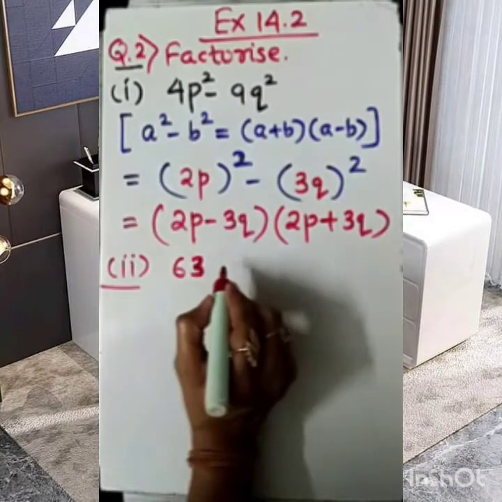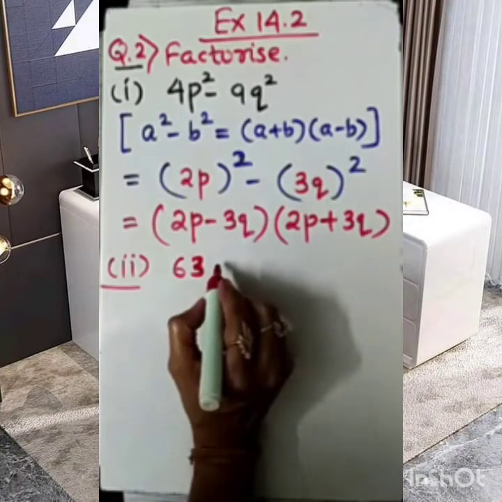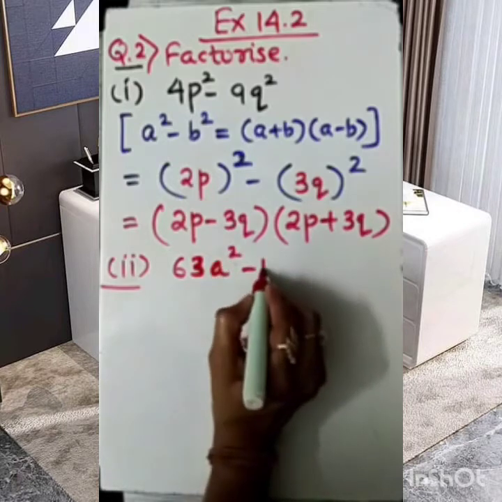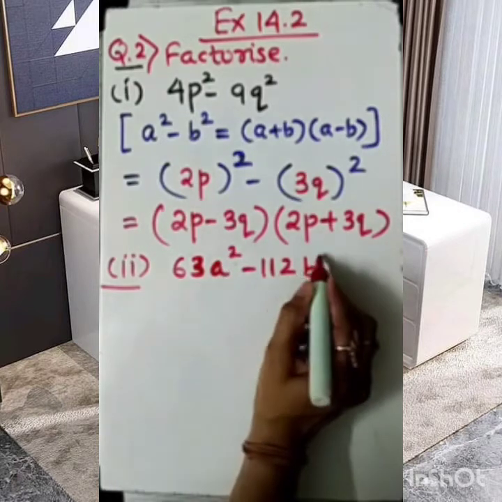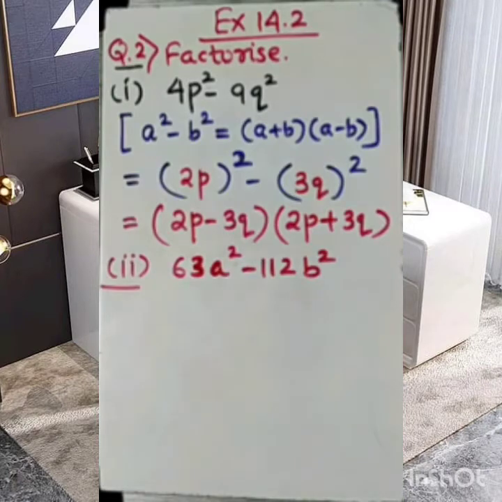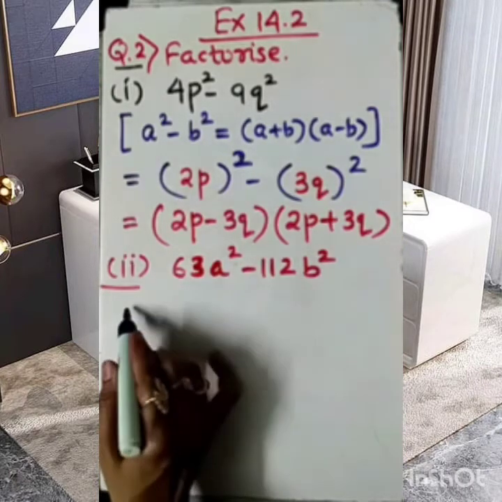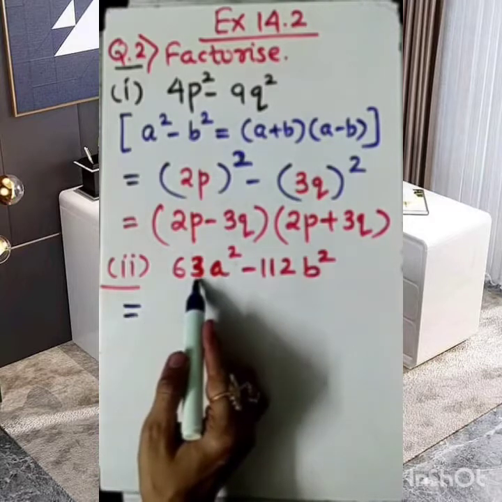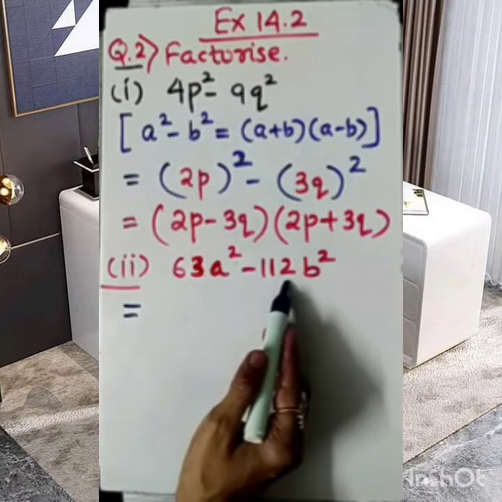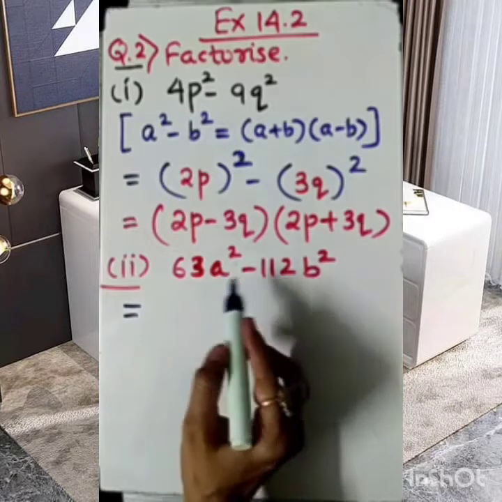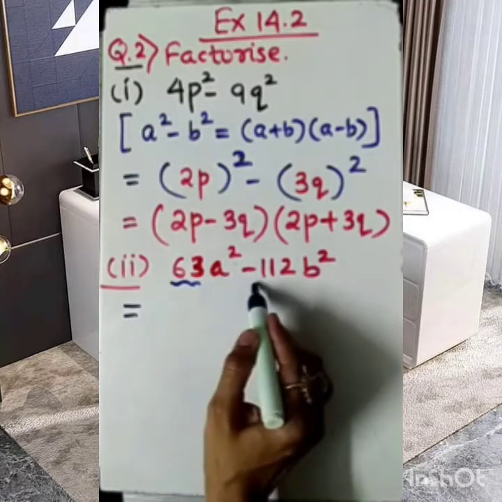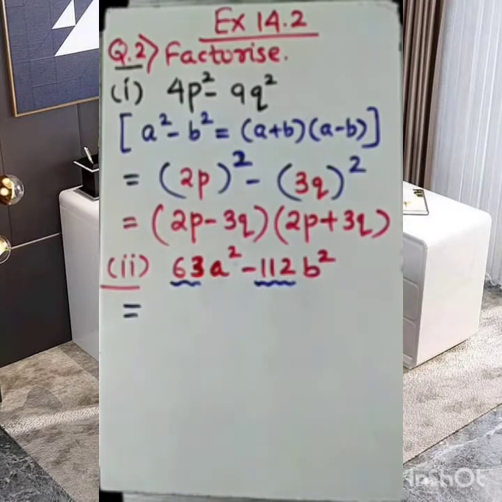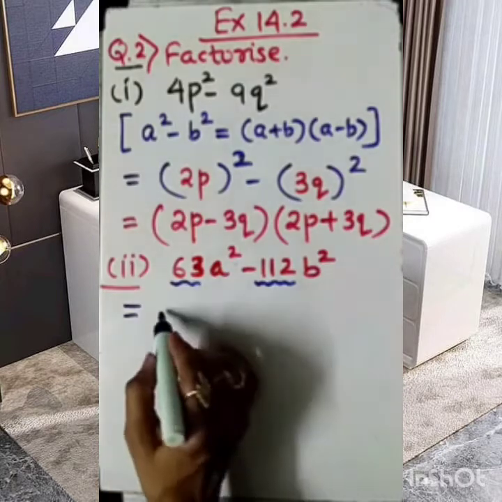We are given 63a square minus 112b square. So dear student, how to solve this? We know that 63 is not a perfect square, and even 112 is not a perfect square. But something is common in both of these numbers, that is 7.